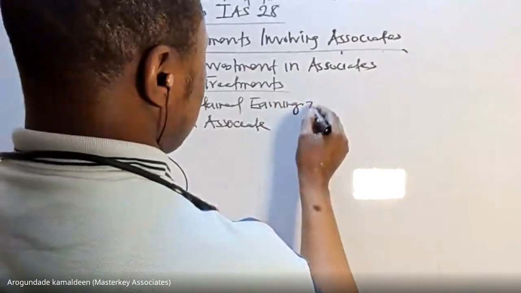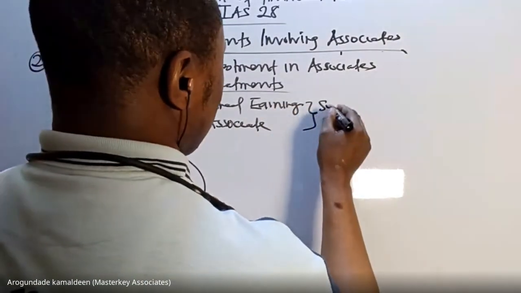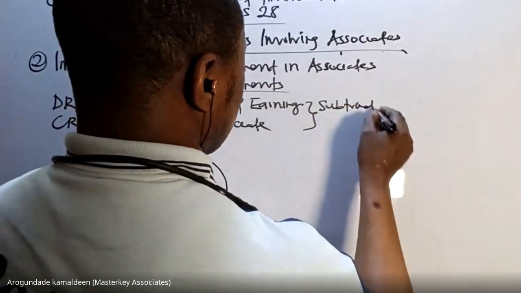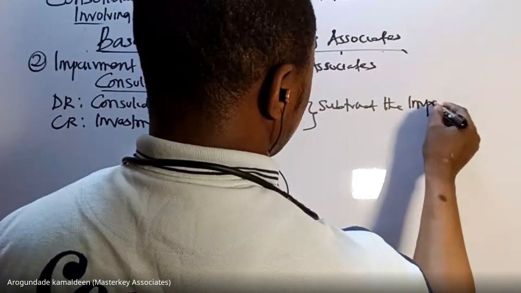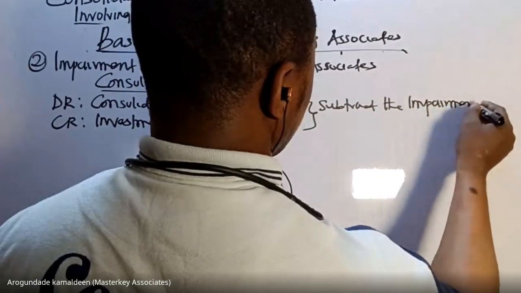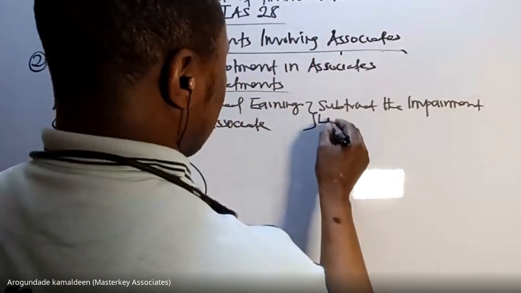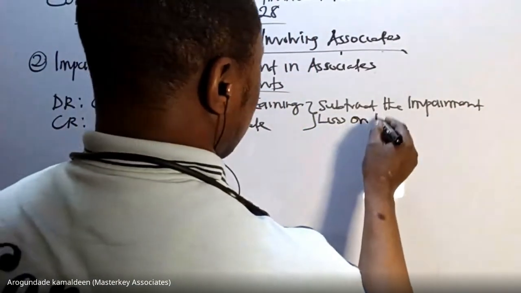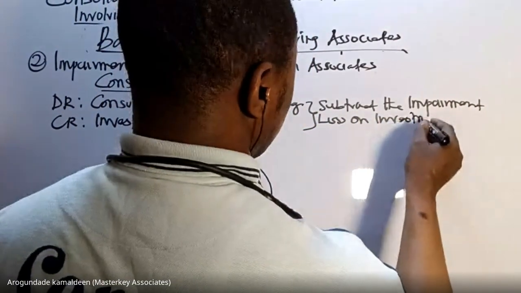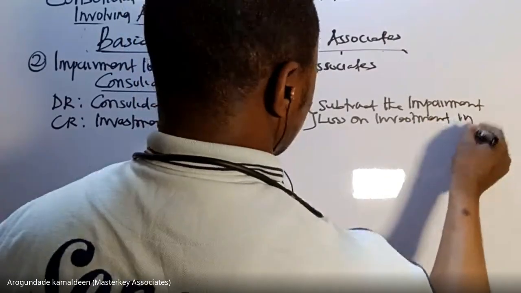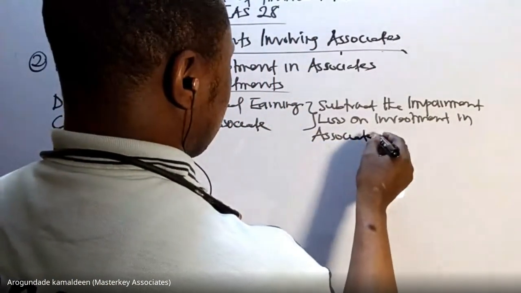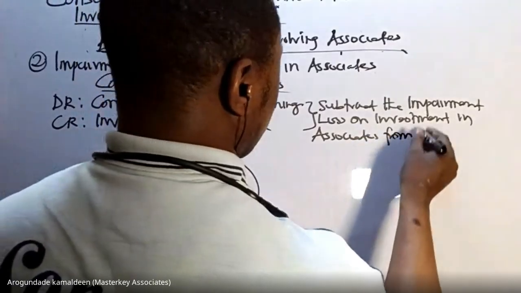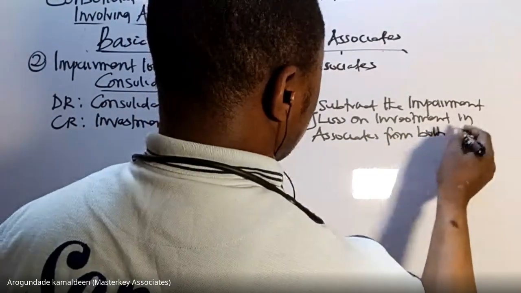You are going to subtract the impairment loss on investment in associates from both accounts.